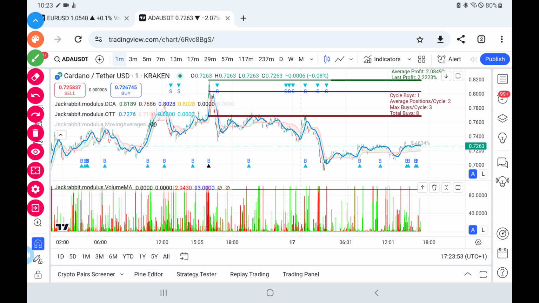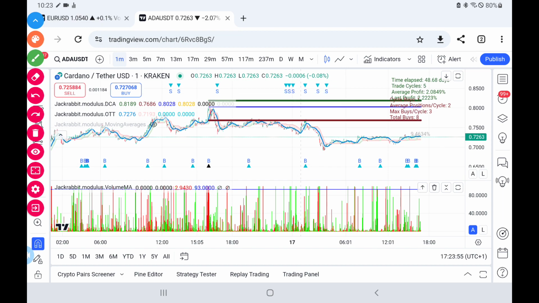And we will see Cardano versus Tether. Now, interestingly enough, in this case, Tether usually has more trades than the US dollar, but for this unusual reason, there are less trades but more accumulations.